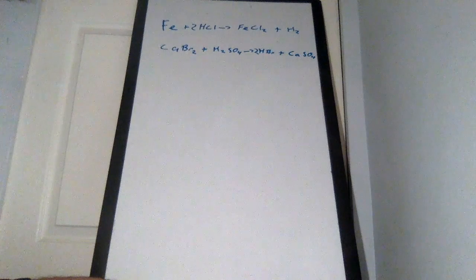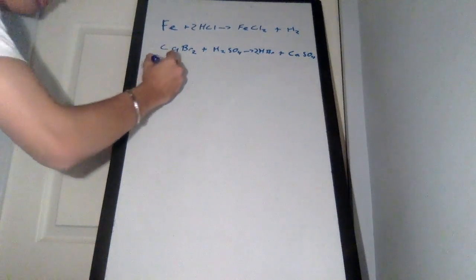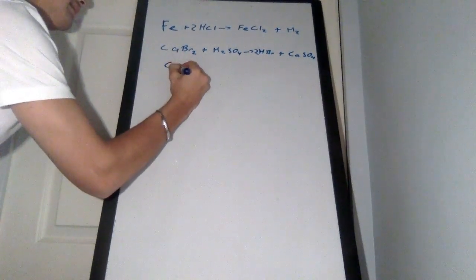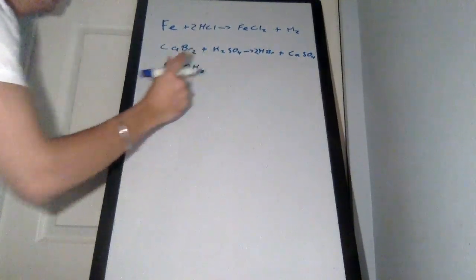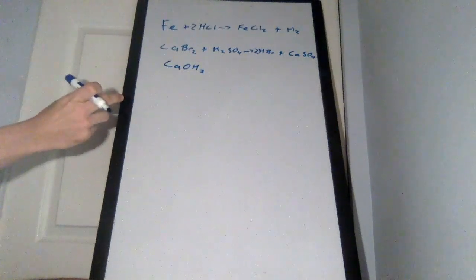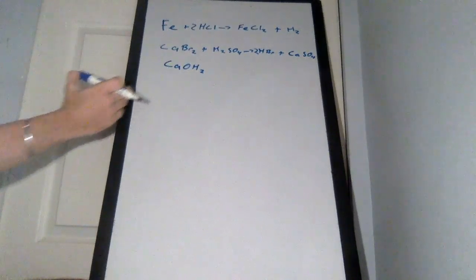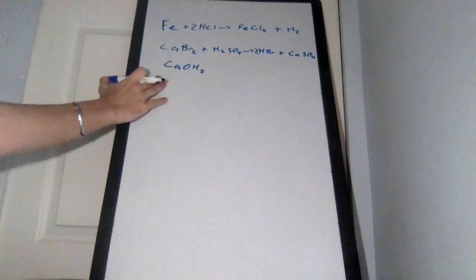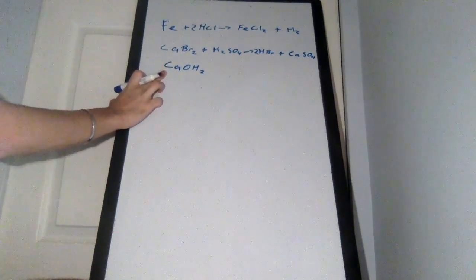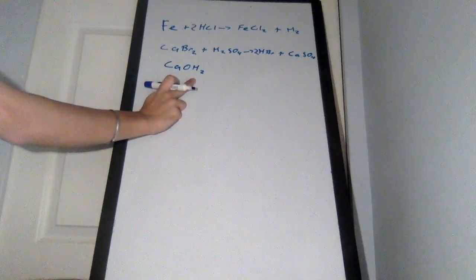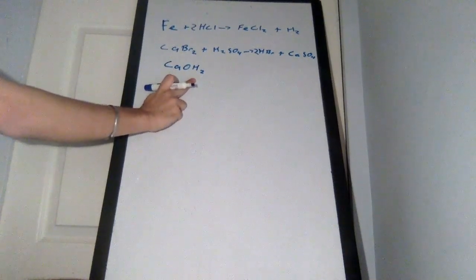Okay, now we're going to do a bit of a harder example. We've got CaOH2. So now when you're writing out an equation such as this, CaOH2, a molecule, the Ca has a charge of 2 plus, OH has a charge of minus 1.